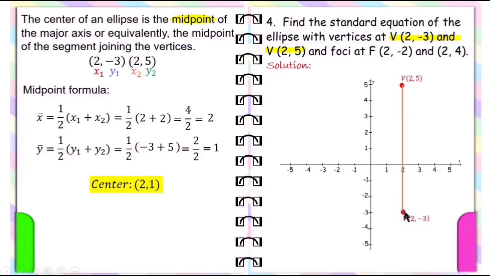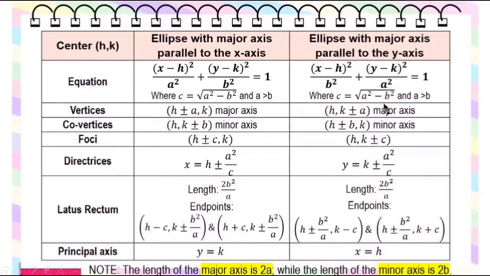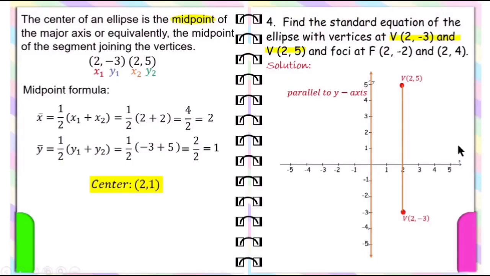Connect these points and we can see that this is parallel to the y-axis. And if the major axis is parallel to the y-axis, we use this equation. The denominator of the y² term is greater than the denominator of the x² term.